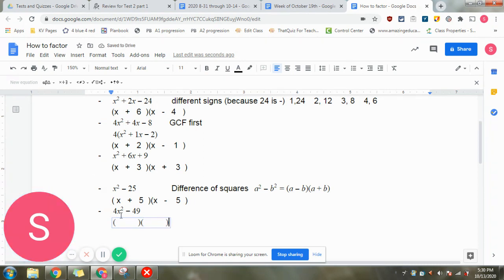The same thing that multiplies by itself to give 4x squared has got to be a 2x and a 2x. And then the same thing multiplied by itself to give 49 has got to be a 7 and a 7. And one plus and one minus. That's it. I think that's all the cases.